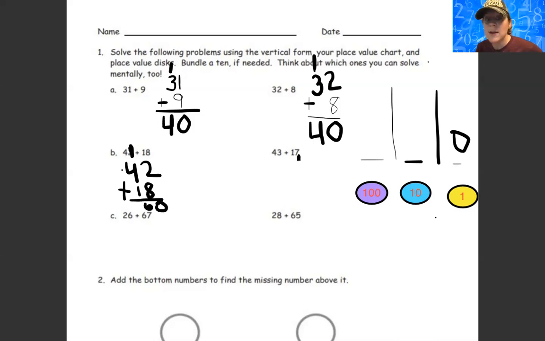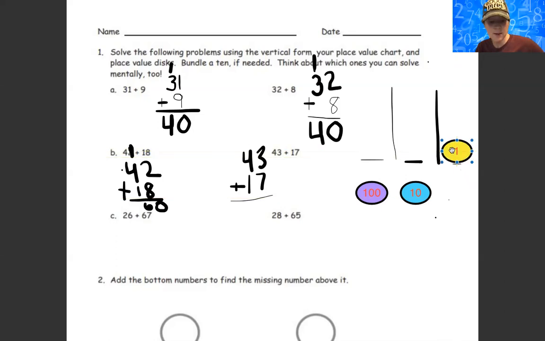Okay, so now we have 43 plus 17. Write it vertically, which means up and down. 43 plus 17. If we look at our ones, we have 3 ones and 7 ones. If we have 3 ones, there's our 3 ones. And now I'm going to add 7 more to that. 5, 6, 7.